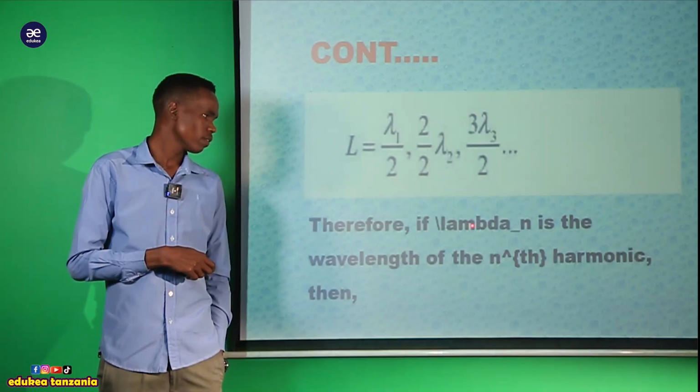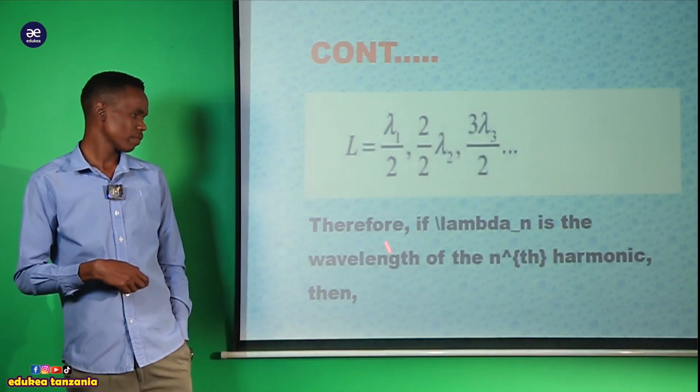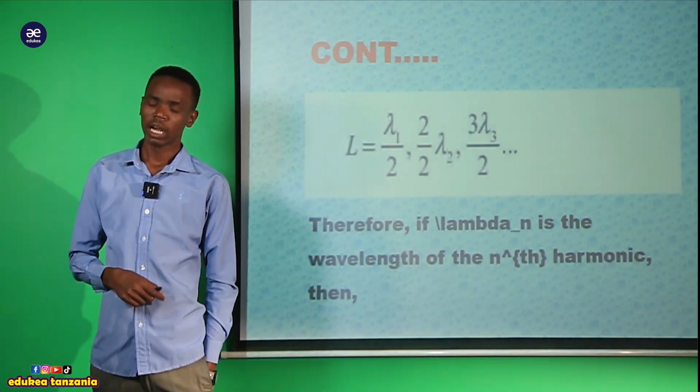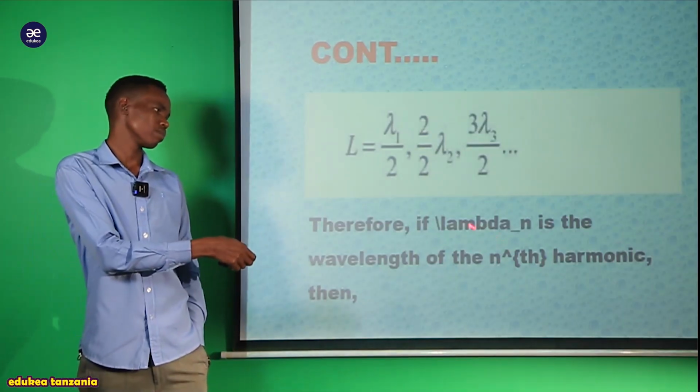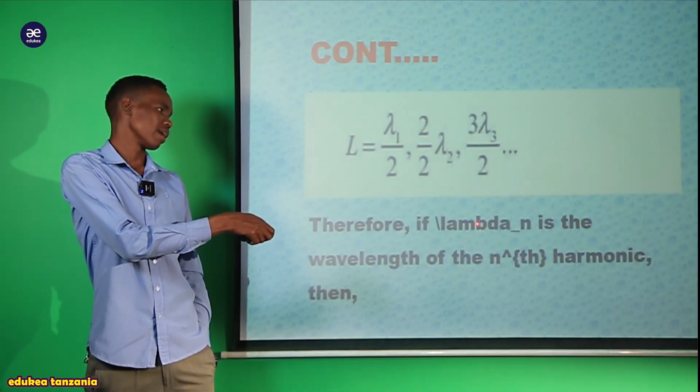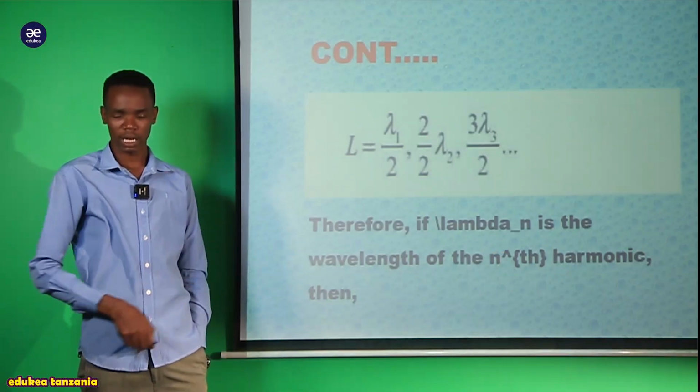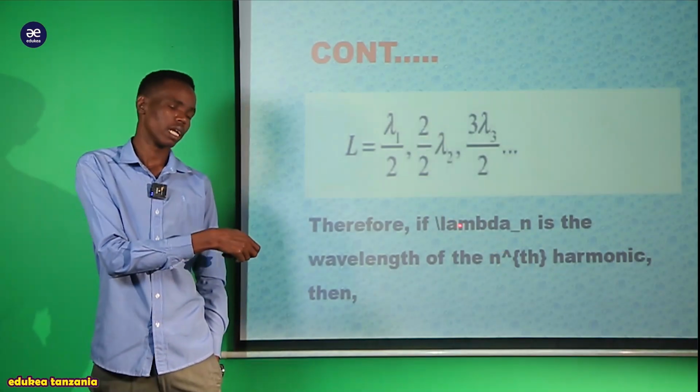So therefore if lambda n is the wavelength of the nth harmonic, kama yule lambda n atakuwa ni wavelength of the nth harmonic, hapa there is a typing error. This means that this is the wavelength, my lovely student, this is the lambda n.